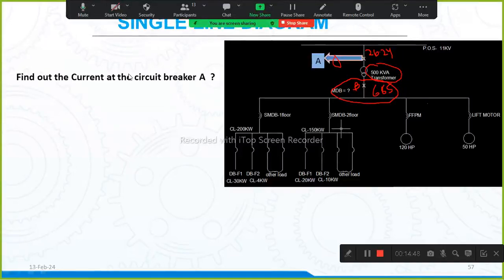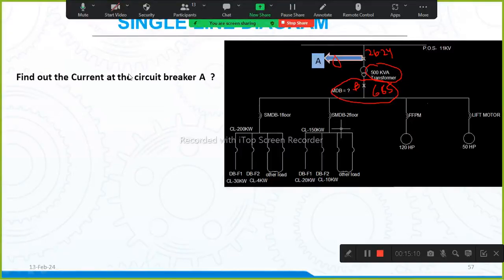ACB is preferred for more than 1000 amps, right? Current is 695, so it should be MCCB, right? Yes, sir. Because MCB is preferred up to 63 amps, 63 amps to 1000 amps MCCB, more than 1000 amps we need to go with the ACB. Am I right or not? Yes, sir.